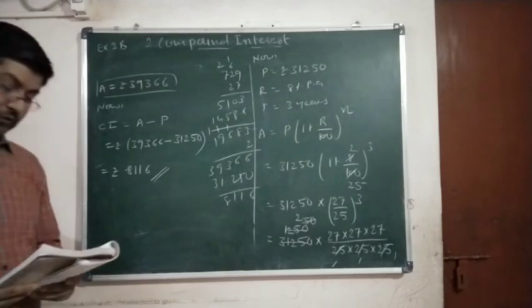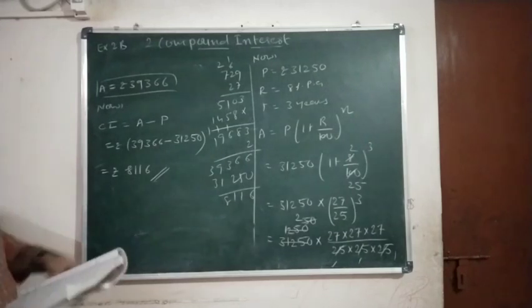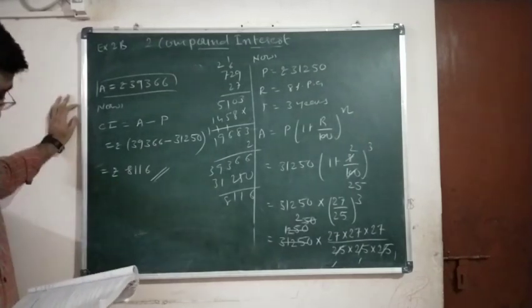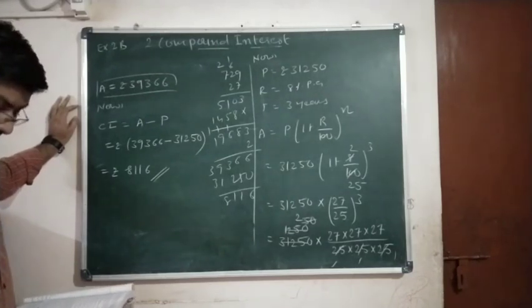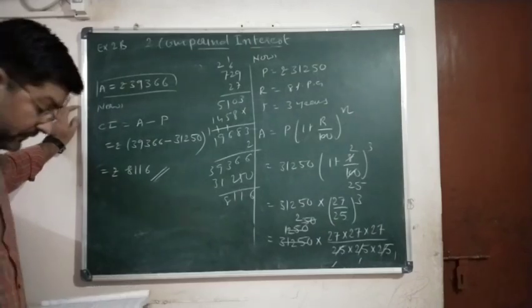Now let us solve question number 7. Calculate the amount and the compound interest on rupees 16,000 for 1 year at 15% compounded half yearly.